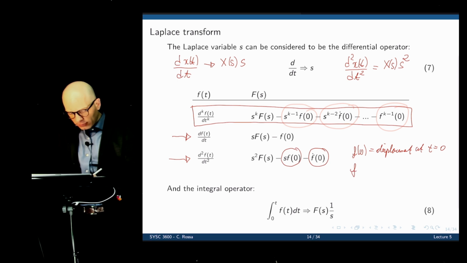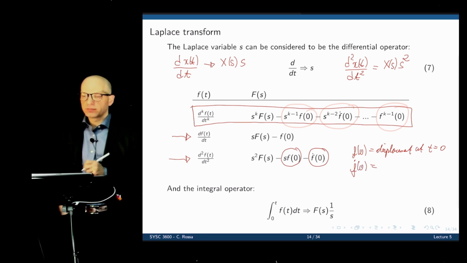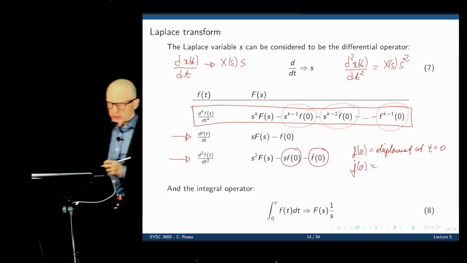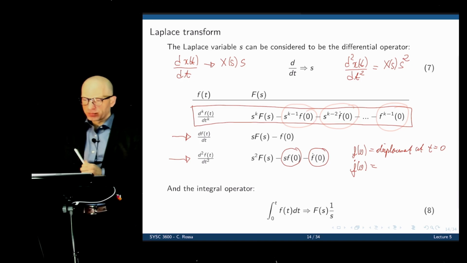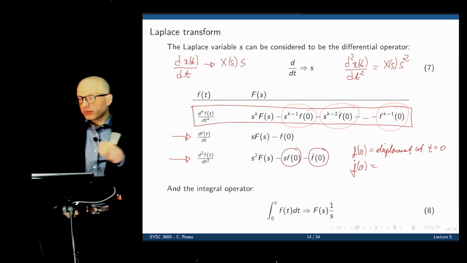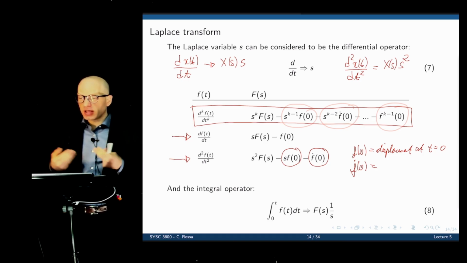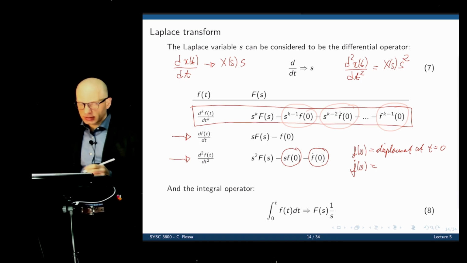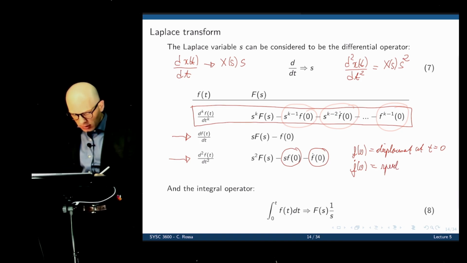And what is f dot of 0? Any ideas? What is f dot of 0? If f is the displacement, then f dot is the speed. So f dot at 0 is the speed at time 0.